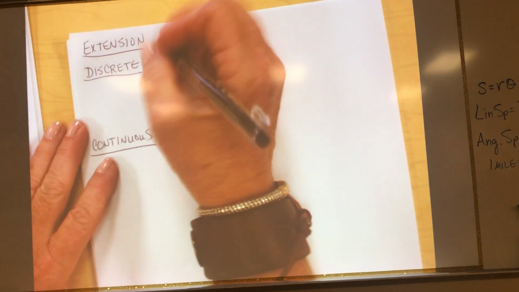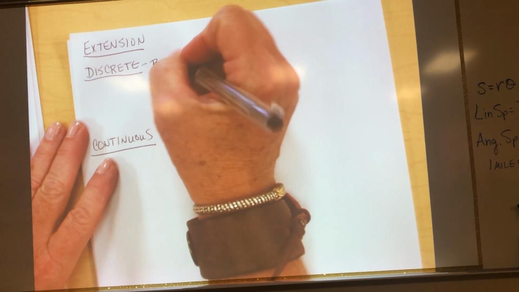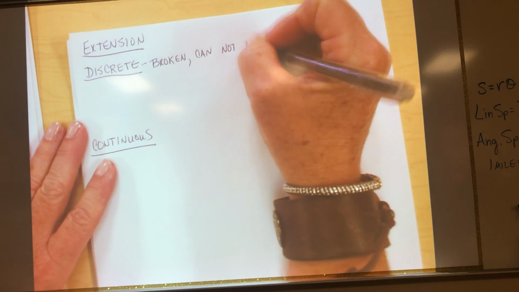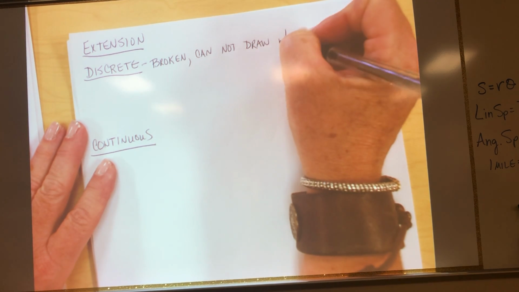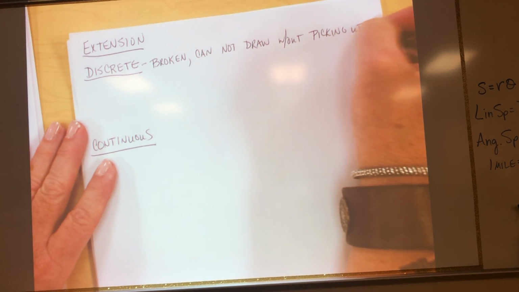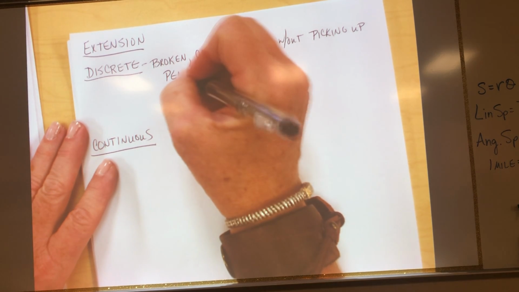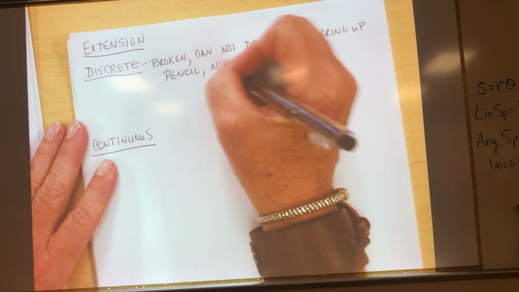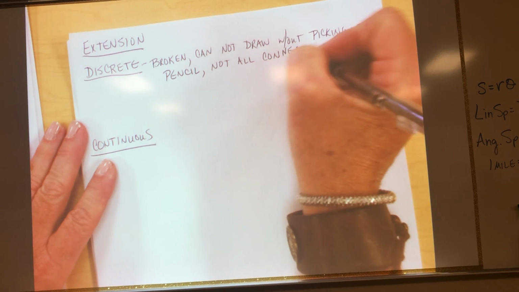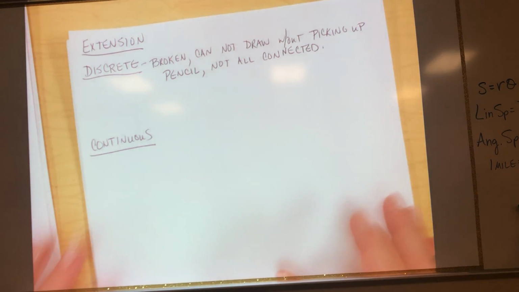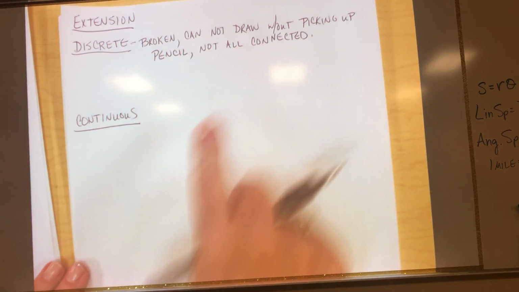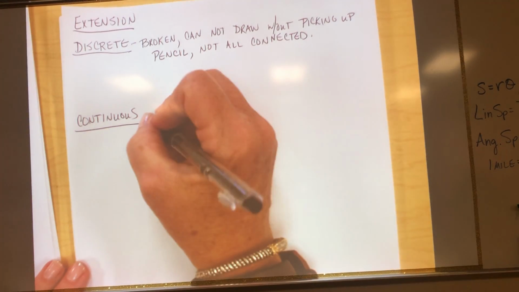So a discrete function is broken. I cannot draw it without picking up my pencil. It's not all connected. Now, a continuous function is all the things that a discrete function is not. It is not broken.